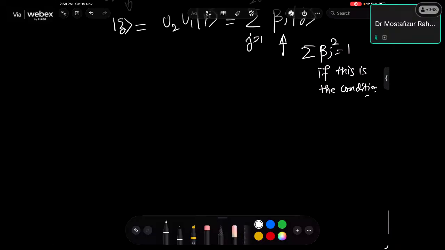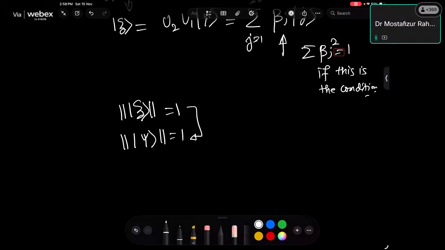that means the norm of ket zeta should be equal to 1, and the norm of ket psi equals 1.